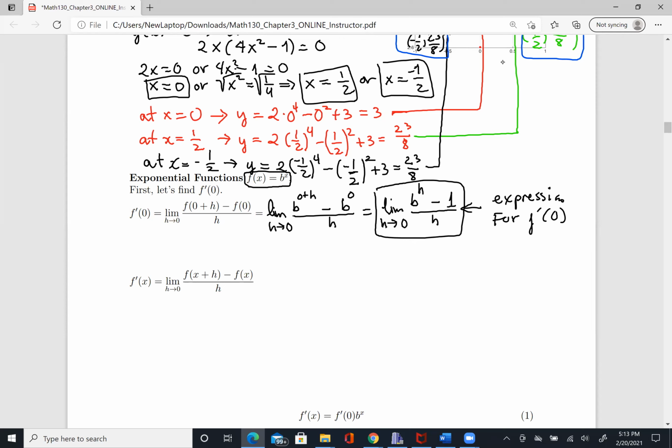Okay, now let's see. So f prime of x is going to be equal to the limit of f of x plus h minus f of x over h. Let's expand it. So it's going to be the limit of b to the power x plus h minus b to the power x over h for h going to 0.